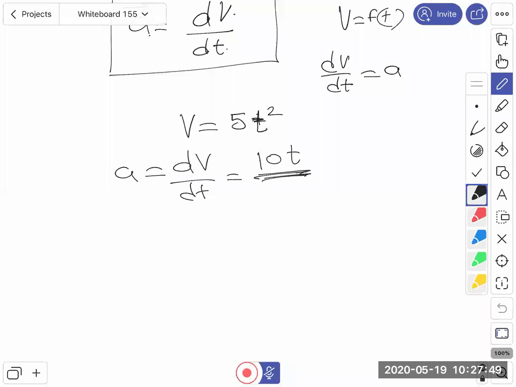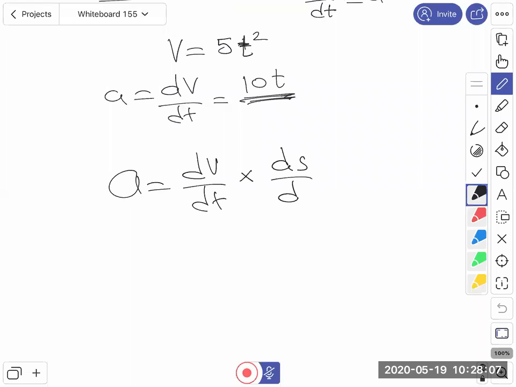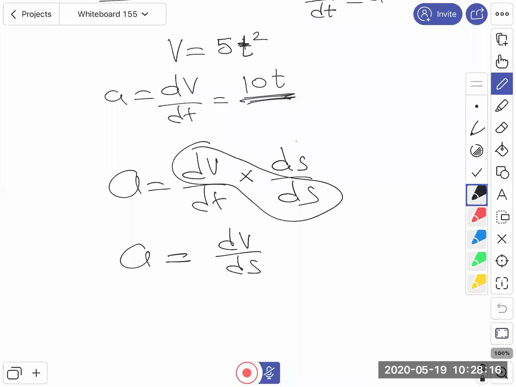Yeah. And one more equation by using which we can find the value of acceleration: acceleration is dv divided by dt. Now, if I multiply this equation by ds and divide by ds, I can rearrange it as dv divided by ds into ds by dt.